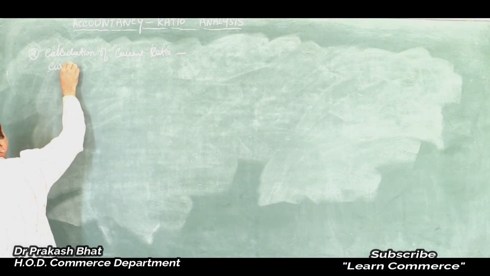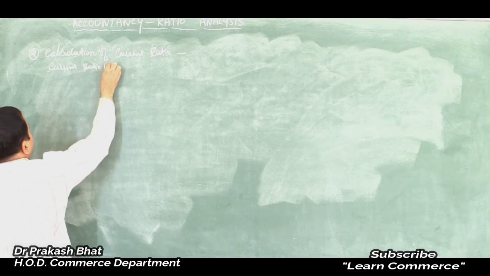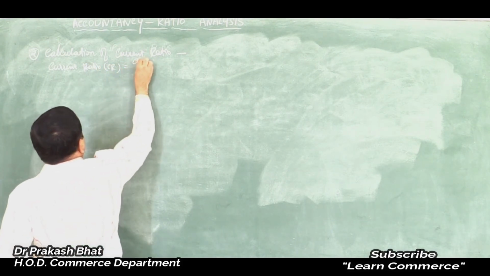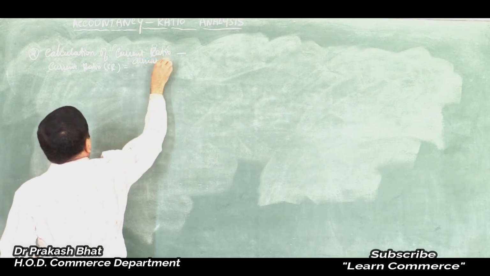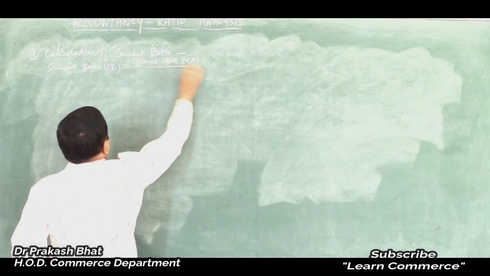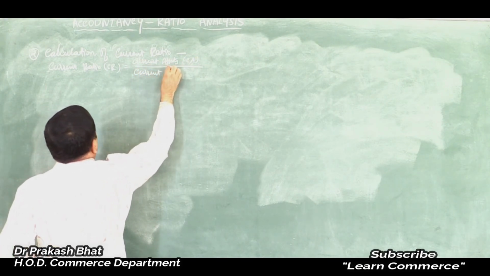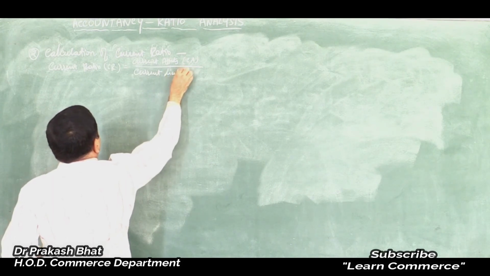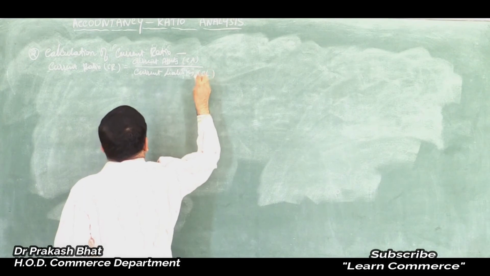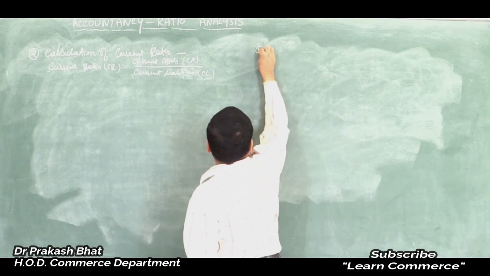Current ratio is equal to current assets (CA) divided by current liabilities (CL), right? Yes. What is given in the problem?